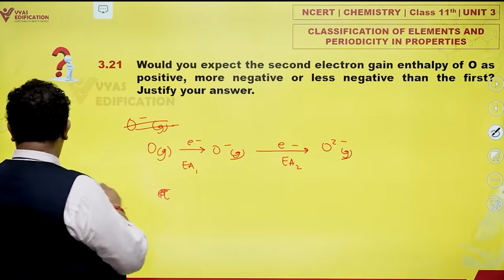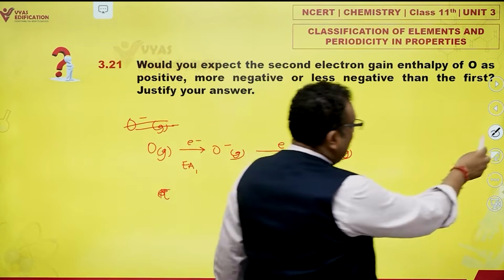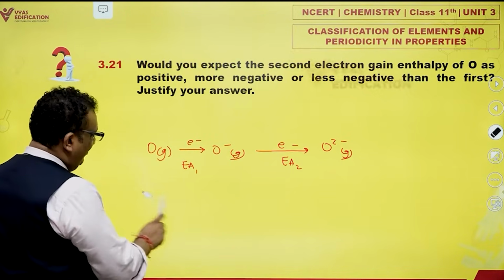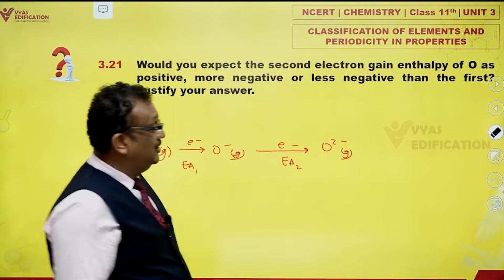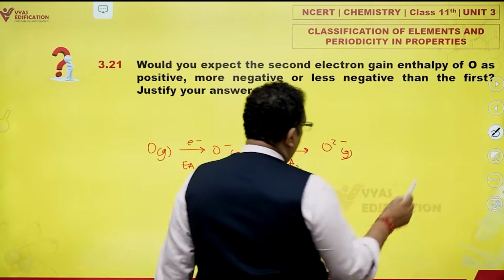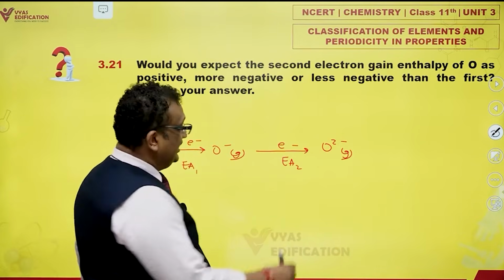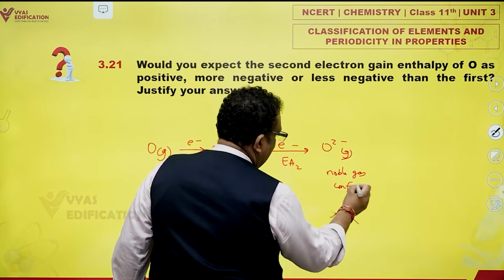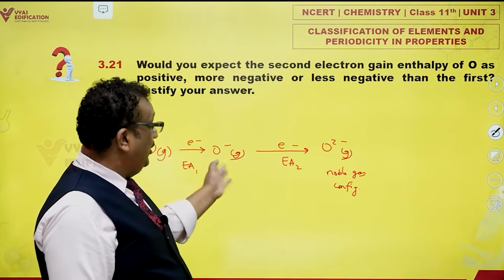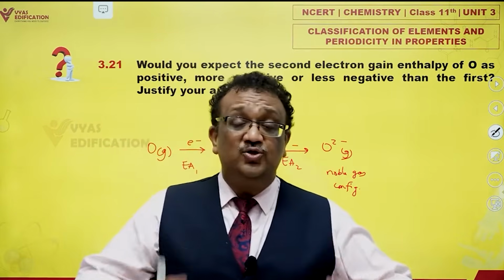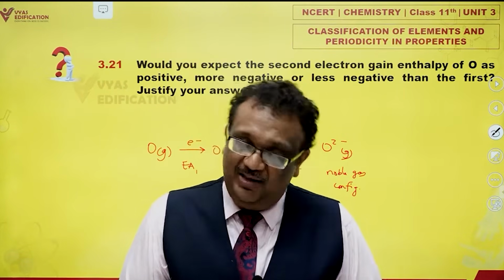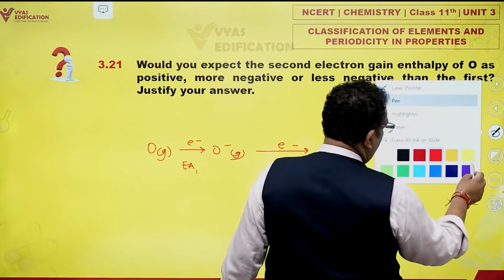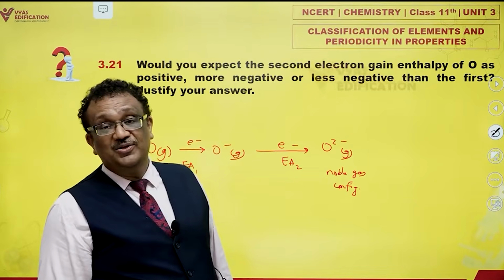As a matter of fact, the first electron affinity of oxygen is quite strongly exothermic. Oxygen loves eating away one electron and forming O minus. But always remember, you might feel very motivated to see that in this case there is a noble gas configuration. So students normally tend to feel that because oxygen is forming a noble gas configuration, it should release even more energy. Agreed, this was one factor. But don't you forget that amongst them, the most major factor is electrostatic repulsion.